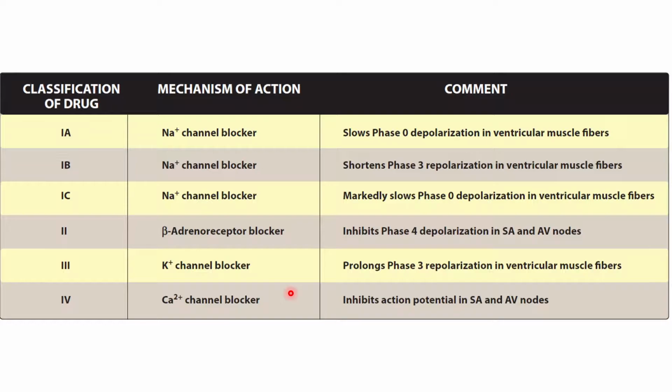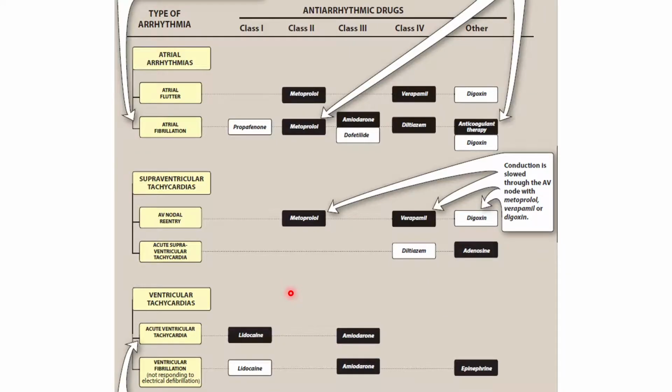And depending on the type of the arrhythmia, different drugs are preferred. So there are 6 main types of the arrhythmia, and arrhythmias are classified according to the anatomical structure. And anatomically, arrhythmias can be atrial and ventricular, and also supraventricular, that are actually in between. And the most common are atrial arrhythmias that include atrial flutter and atrial fibrillation.